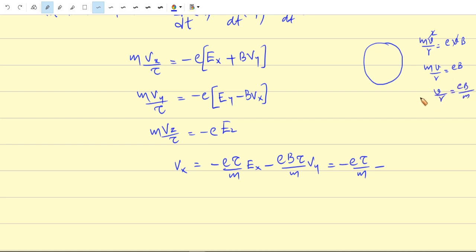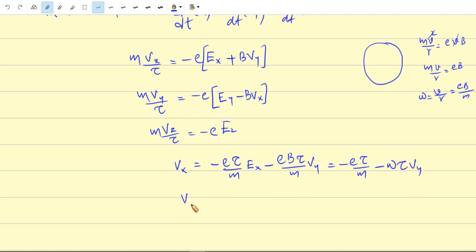This v by r is called omega, the cyclotron frequency. Okay, so cyclotron frequency is eB by m. Therefore this Vx is equal to minus e tau by m Ex minus omega tau Vy. Okay, so that's the equation.